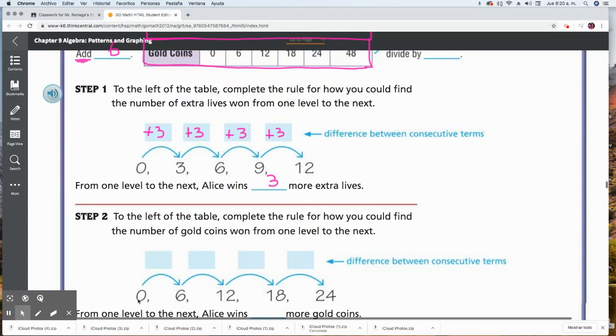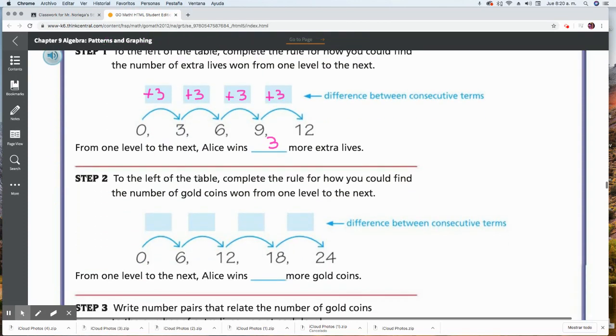Step number 2, to the left of the table, complete the rule for how you could find the number of gold coins from one level to the next. So again, level 0. What number plus 0 equals 6? We added 6 to 0 to give us 6. Then what number plus 6 equals 12? Again, 6.